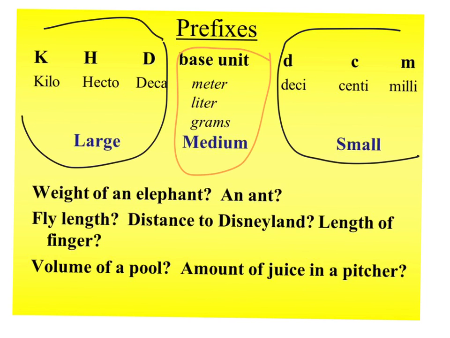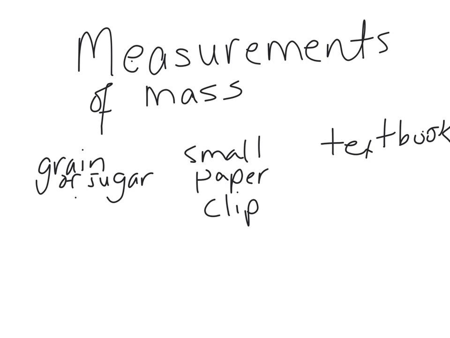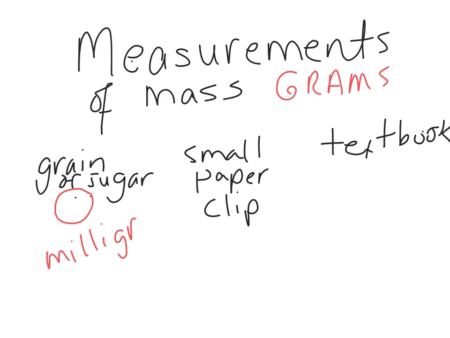So if you were measuring an elephant or an ant, if you were flying, you could measure them all with the metric system, just like we can with our system. So in measurements of mass, using the metric system, a grain of sugar is going to be a milligram. So we're going to be working with grams up here.